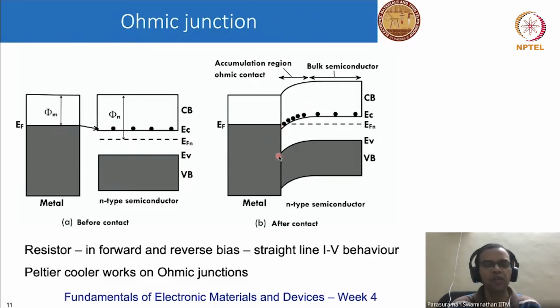So an ohmic junction essentially behaves as a resistor. So in both forward and reverse bias, we have a straight line IV curve. There is no rectification. And a Peltier cooler actually works on the principle of using ohmic junctions. It will basically either release heat or absorb heat depending upon how it is biased.